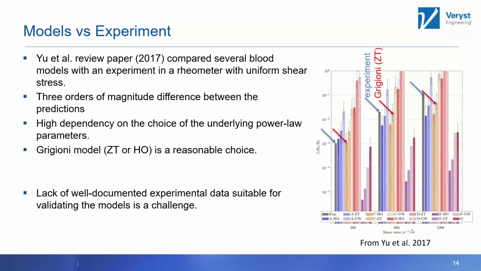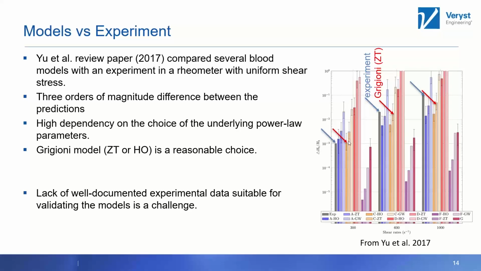The horizontal axis of this figure is the shear rate which he applied, and the vertical axis is the blood damage index, in logarithmic scale. The gray curve is the experimental data, and these colored bars are the model predictions.